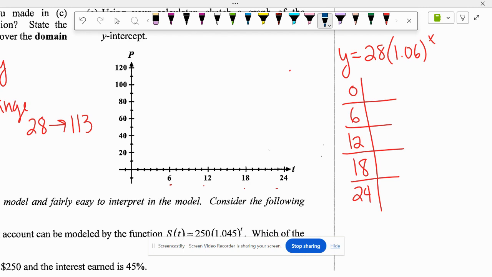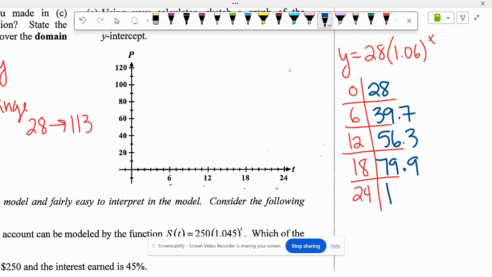So we know that when x is 0, y is what? 28. What about when x is 6? Yeah, when x is 6. It's not 200. 39.7. Okay. What about when x is 12? 56.3. What about when x is 18? 79 point what? 79.9.